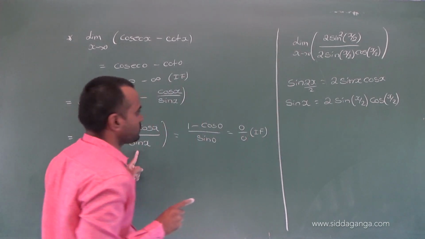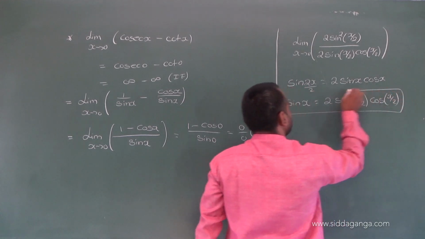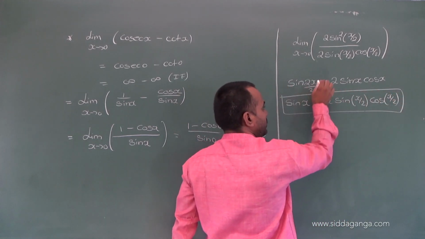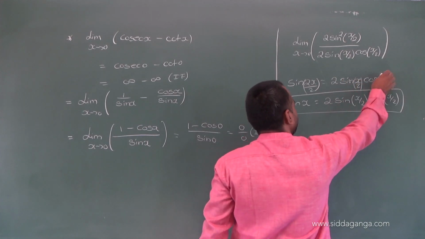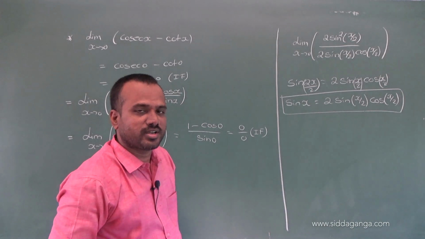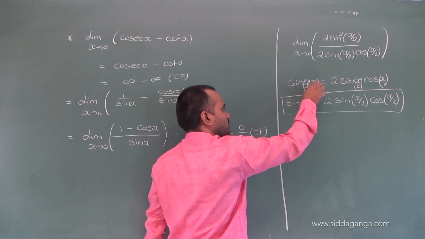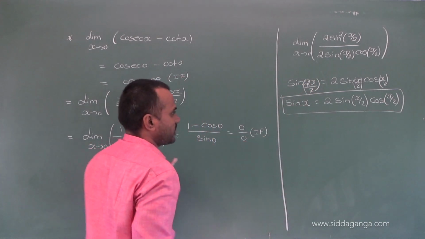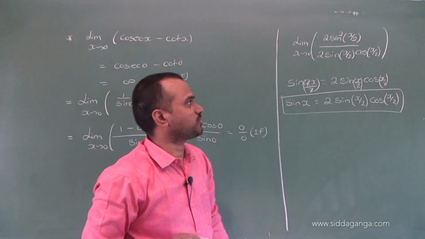So in place of sin x, this is very important. Only in the angle I divide, not here. So we have to divide here only. So 2 sin x by 2 into cos x by 2. Here 2 gets cancelled. So sin x we wrote as 2 sin x by 2 into cos x by 2.